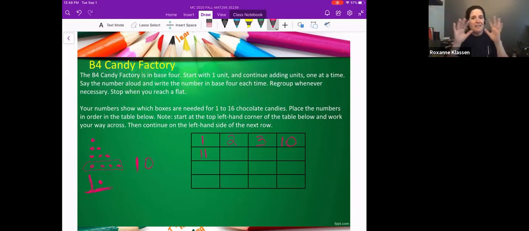Some of you might be leaving it blank because you don't want it to be wrong. Don't do that. Be wrong, because I promise you, you'll learn more, okay?